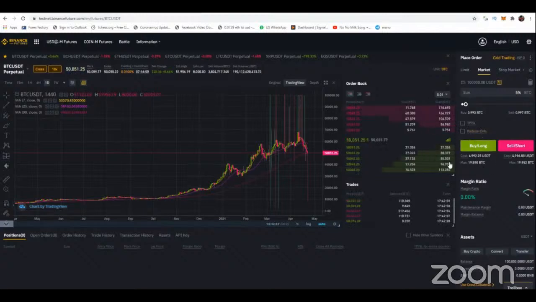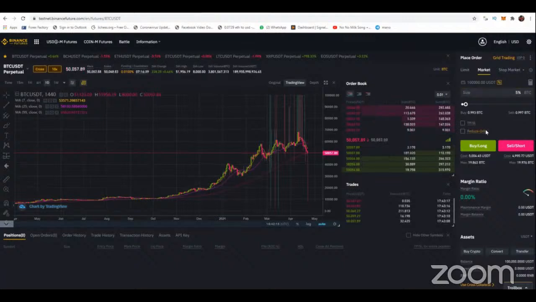But because our account is leveraged 10 times, we are only paying roughly $5,000. And you can see the equivalent of that $5,000 here, which is 19.9 BTC.